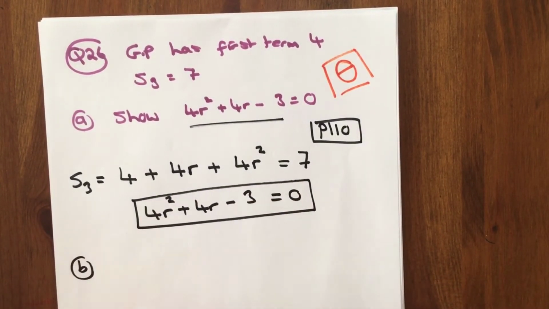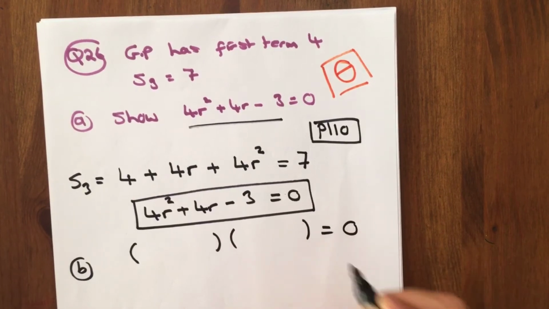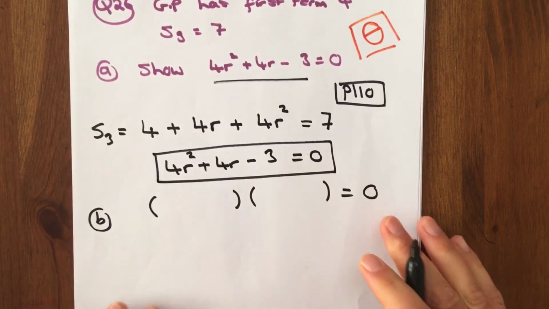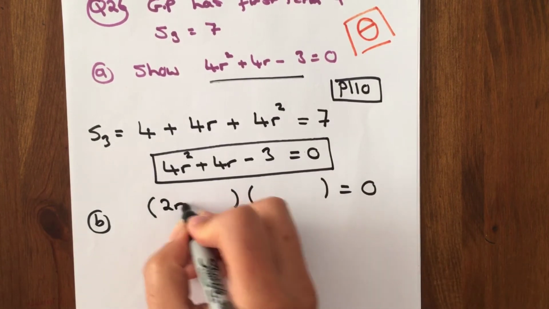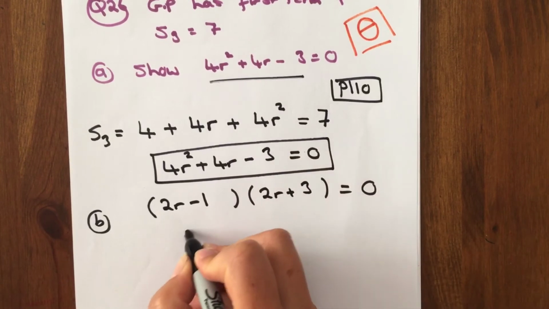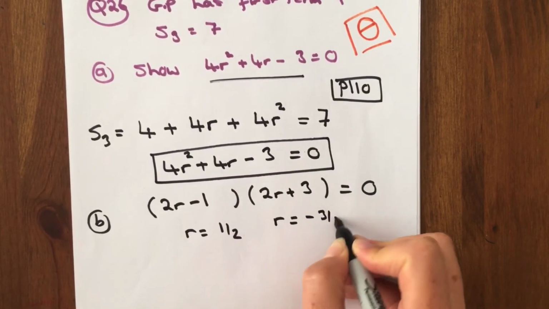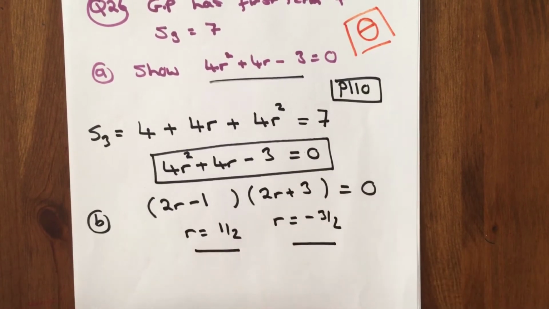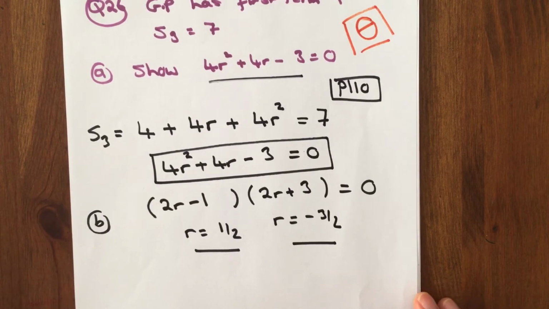Okay, part B. Find the 2 possible values of r. Well, I can see it factorizes. Remember, you can use your calculator to factorize quadratic expressions, and I want you to use your calculators, but you should still show your method to the examiner. Your calculator just shows that you get the right answer. It's just a checking mechanism.